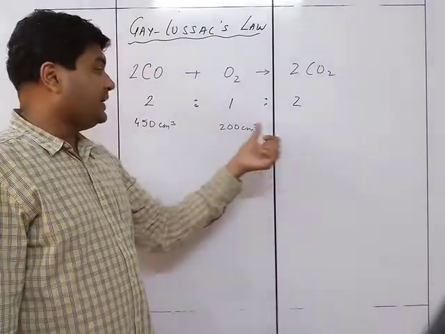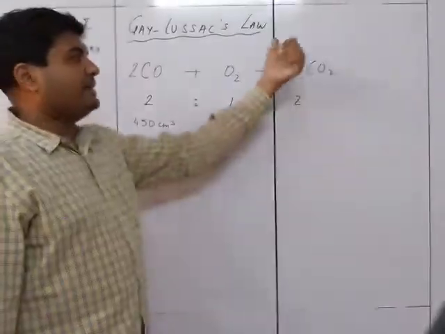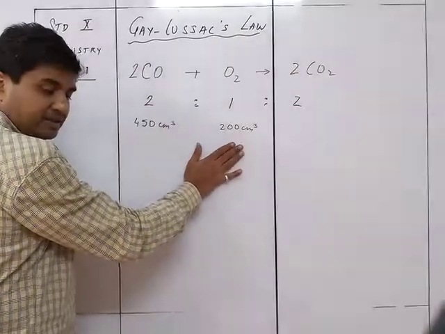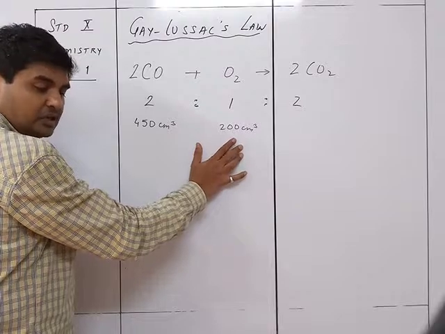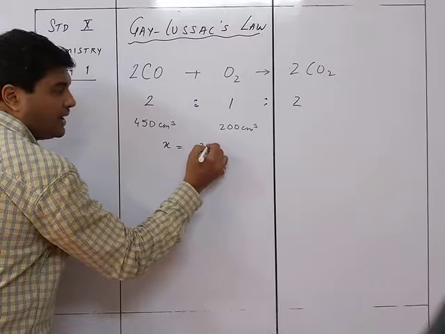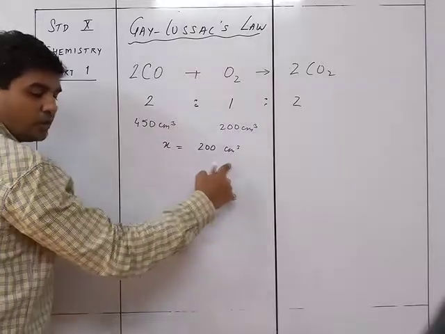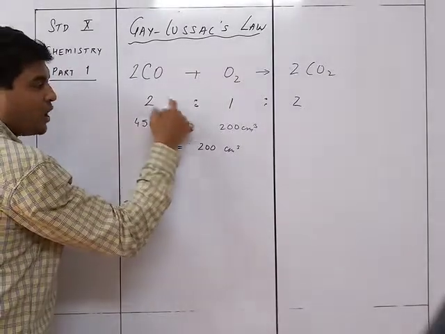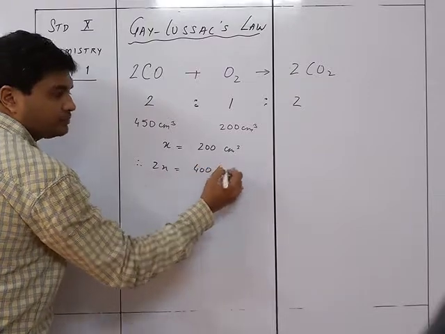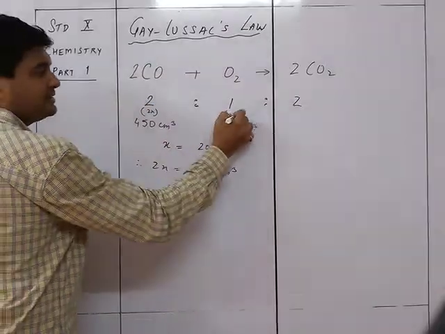So the oxygen will be utilized completely. If I take this as the base, x is equal to 200 centimeter cube, so automatically 2x will be 400 centimeter cube.